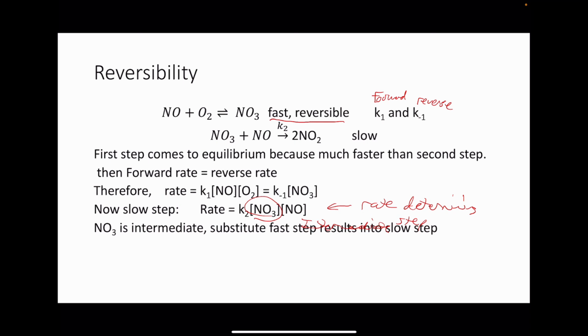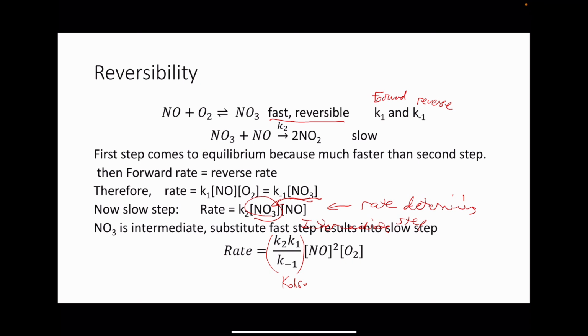So we need to substitute in, because notice we had this here, so we can rearrange this equation and substitute in for NO3, dividing that side by k minus 1. So we get k2 k1 over k minus 1, which could be the same as a k observed. And then we have a second order reaction in NO and a first order reaction in O2. And that would be our prediction based on this mechanism.